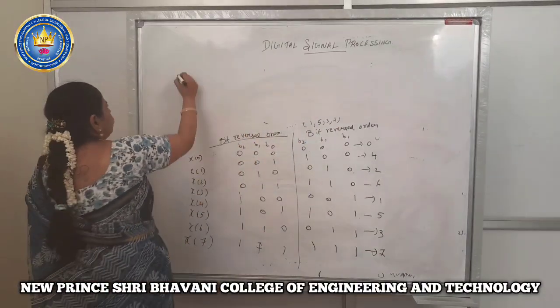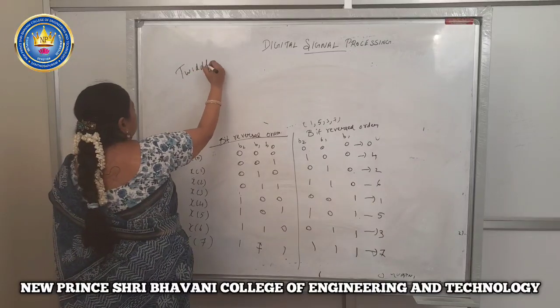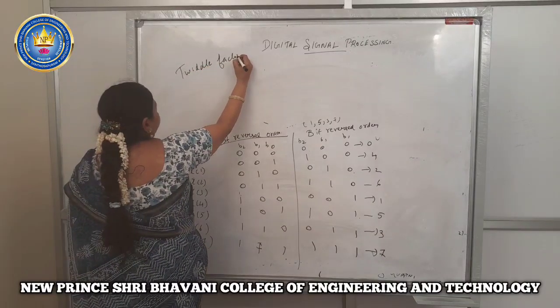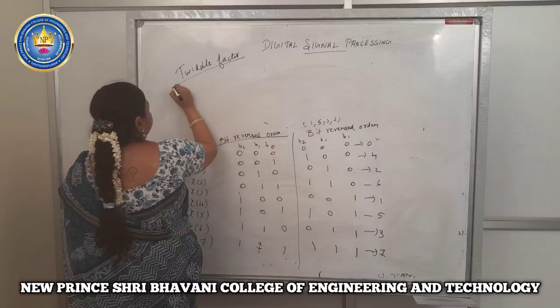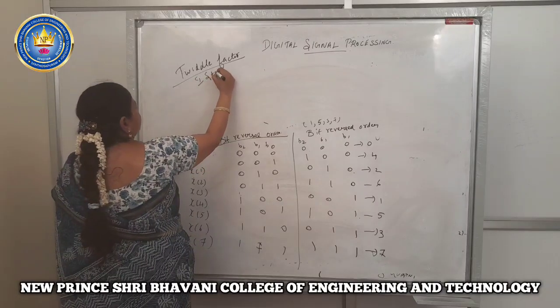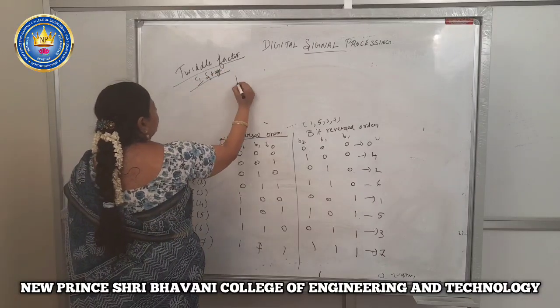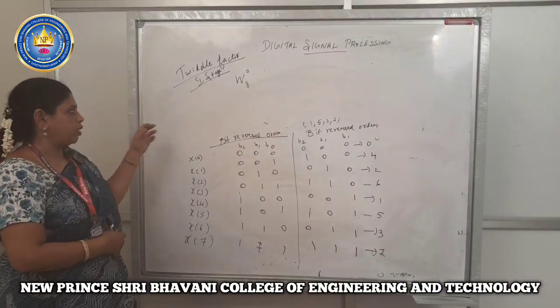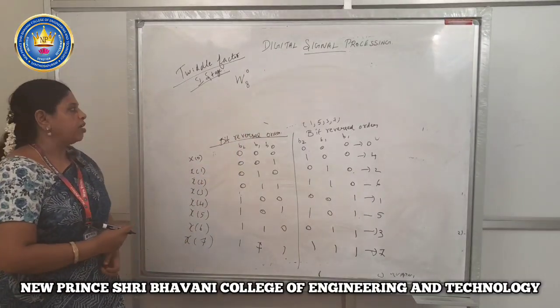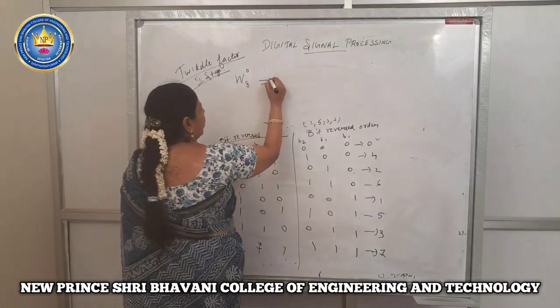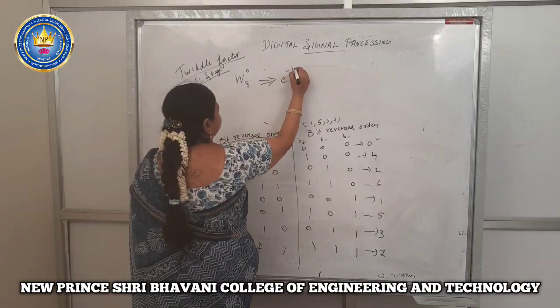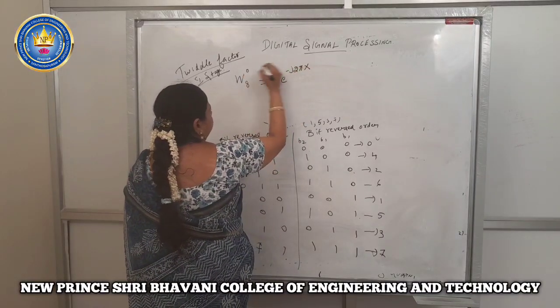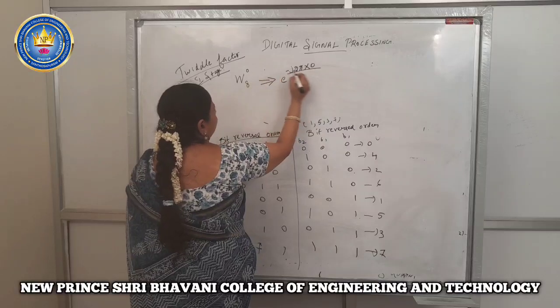Right. So in the first stage, you require the twiddle factor W80. Everything we are speaking of is with respect to the 8 samples. So W80 will be e power minus j2 pi into this prefix part divided by this suffix part.